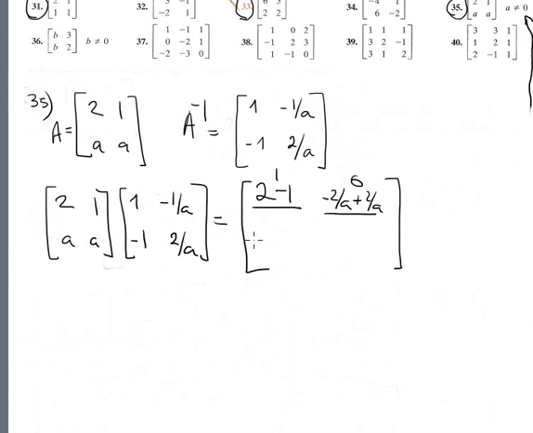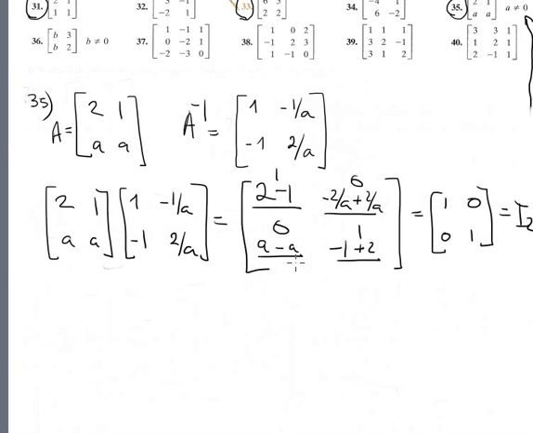This time this is A, this time this is minus A, again 0. And this time this is negative 1, and this time this is positive 2. The answer is 1. Again it is 1, 0, 0, 1, which is the identity matrix of dimension 2.